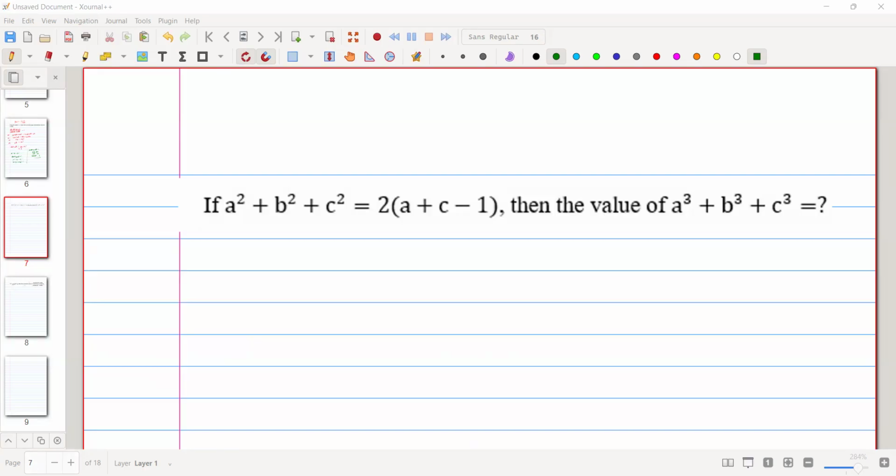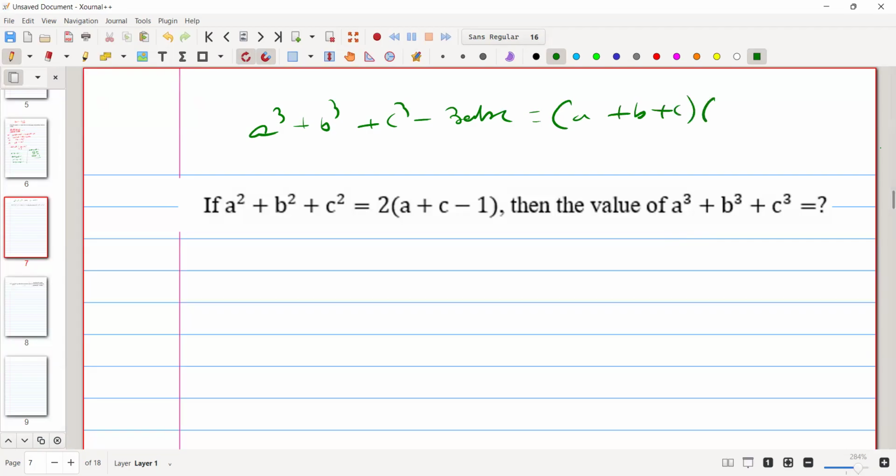See, there is a formula: a cube plus b cube plus c cube minus 3abc is equal to (a plus b plus c) times (a square plus b square plus c square minus ab minus bc minus ca). Now, we can't use this formula to find this expression, as we need to find abc.